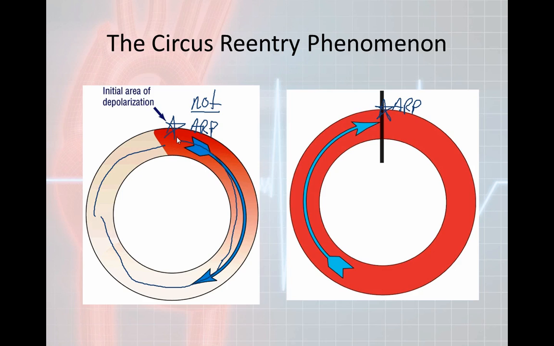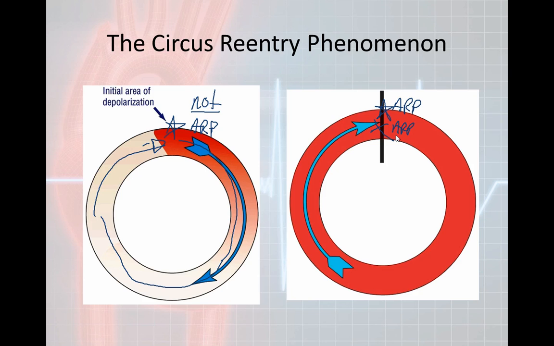So as you can see here, it begins here, it circles around, and when it finally makes its way back, this signal will stop. If this area is in an absolute refractoriness, it can't continue the impulse. Now, this is what happens most of the time.